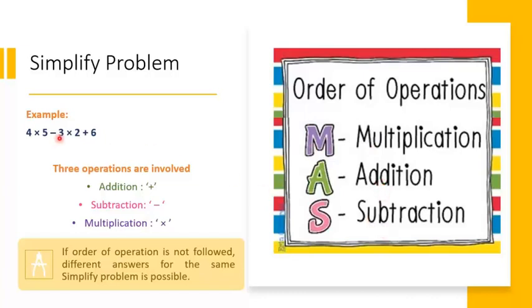In this particular question, the order of operations should be multiplication, addition and subtraction. In short, MAS, where M stands for multiplication, A stands for addition and S stands for subtraction.